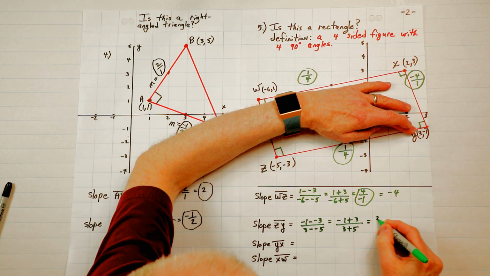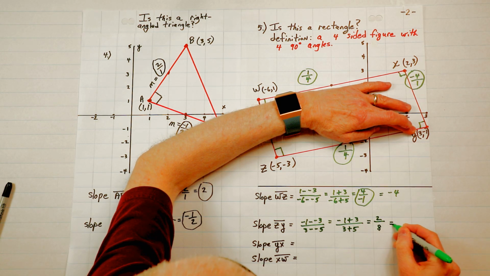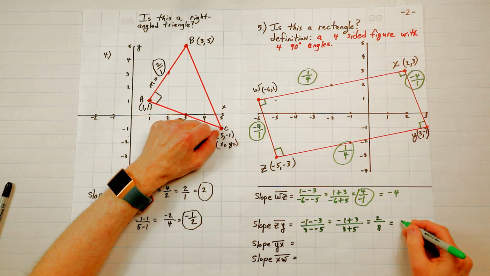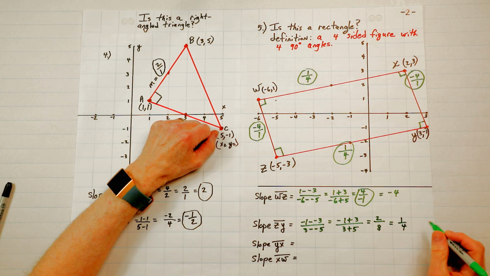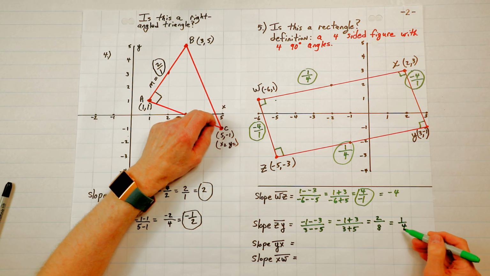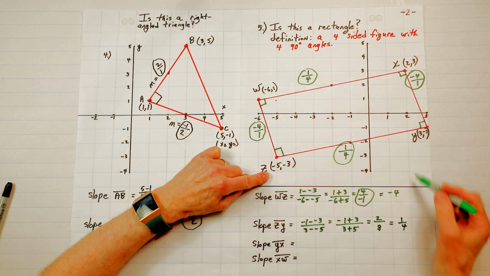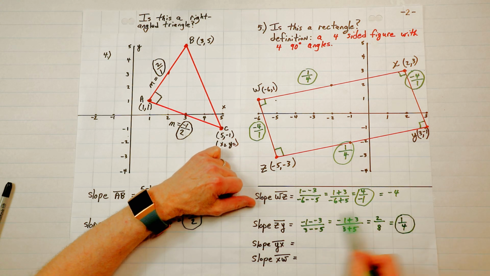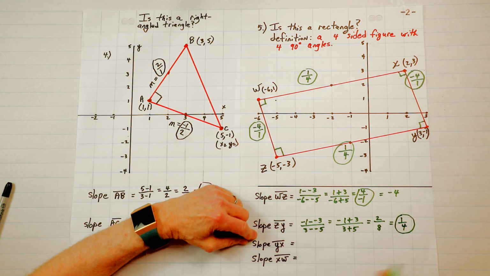Negative 1 plus 3 is 2, 3 plus 5 is 8. And I can reduce that. If you reduce 2 over 8, you get 1 over 4. Is that what we got here? Yes, it is. Okay, so far, I'm on the right track with my calculations.